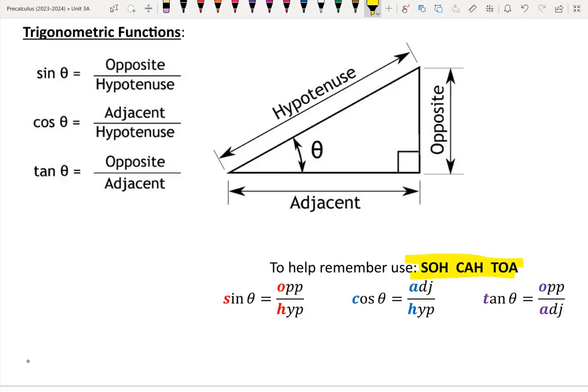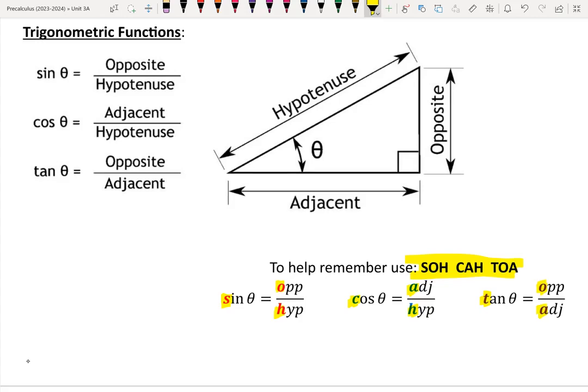Heard SOHCAHTOA before, yeah. All right, SOHCAHTOA. Standing for sine, S-O-H, sine is opposite over hypotenuse. Cosine, C-A-H, cosine is adjacent over hypotenuse. And TOA, tangent, T-O-A, tangent is opposite over adjacent.